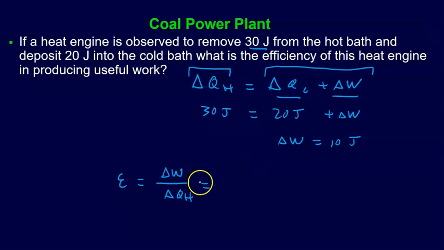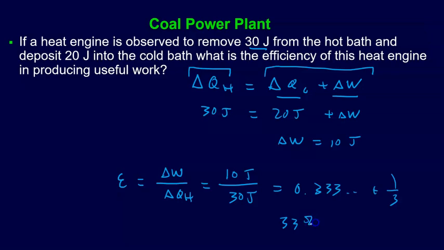The hope is you want to maximize the amount of work as close to the heat you're taking out of the reservoir as you can. Again, there's a limit, but you want to do the best you can. Here it would be 10 joules divided by 30, which gives us an efficiency of 0.333 repeating, which is 1/3, or roughly 33%. So your engine has an efficiency of 33%.